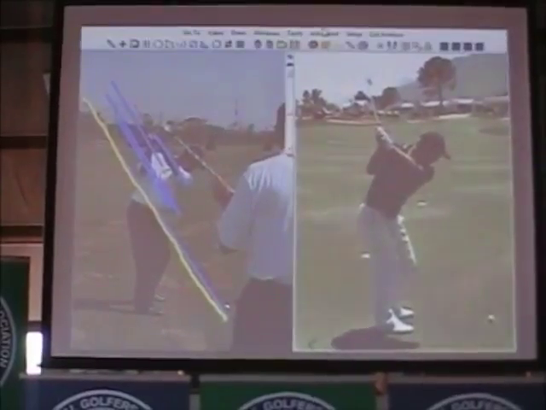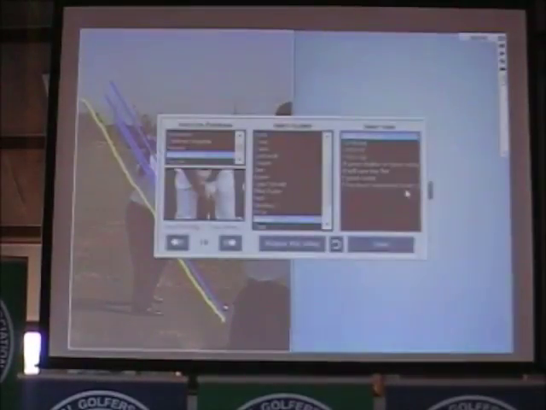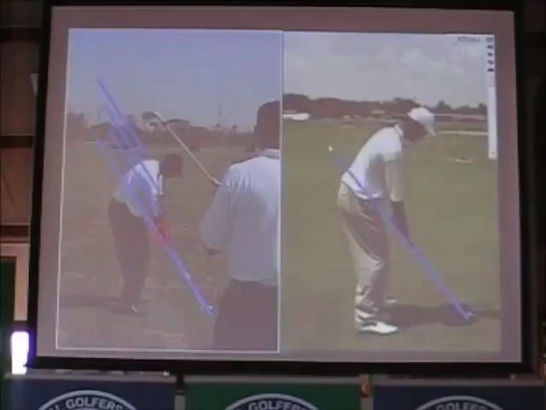But let's go back to Tiger. Why would he want to change that? We tried years to get there. When he won the Masters.